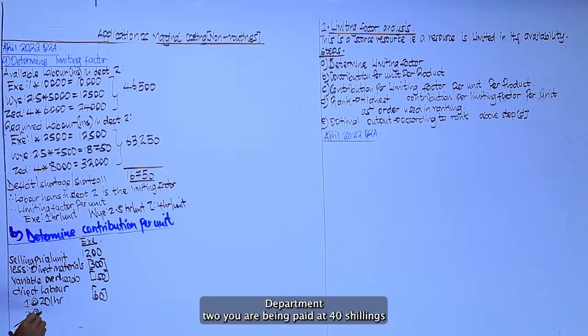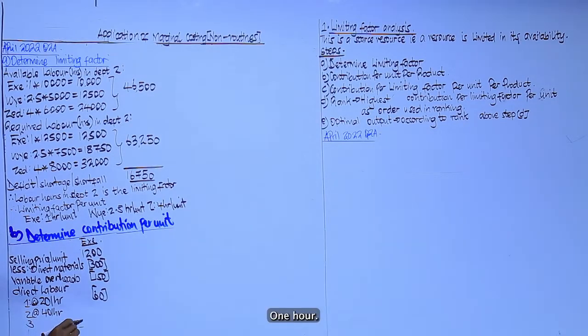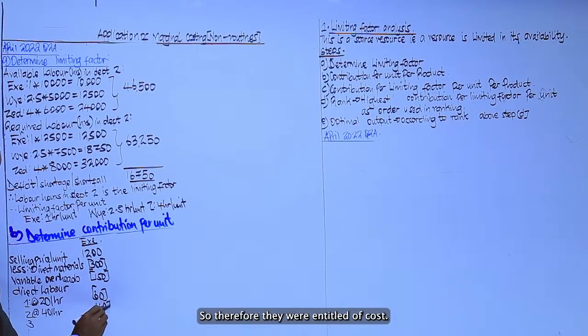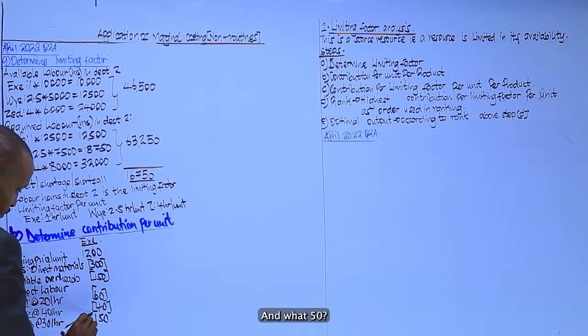Department 2, you're being paid at 40 shillings per hour. And Department 2 worked for 1 hour. So therefore, they were entitled to a cost of 40. Department 3, they're working for 30 shillings per hour. And they worked for 5 hours. So 30 by 5 must be 150.